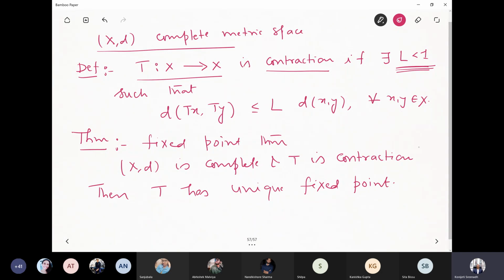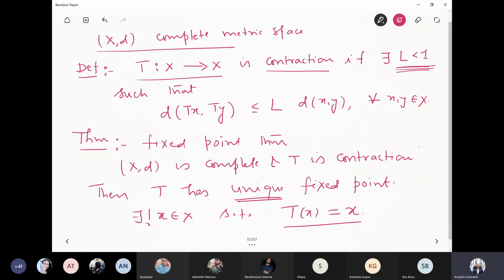What is the meaning of fixed point? That means there exists a unique x in X such that Tx equals x. There is a unique x so that Tx equals x.